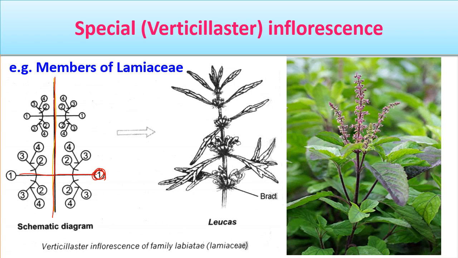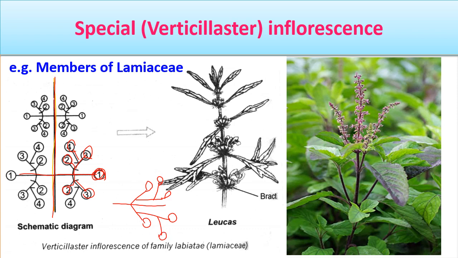Then it has a second flower this side, then a third flower this side, but the next flower is in between second and third. So it will have a fourth flower in between.